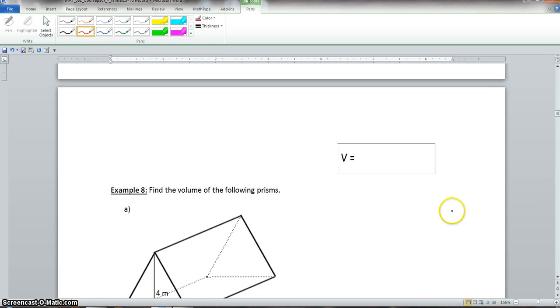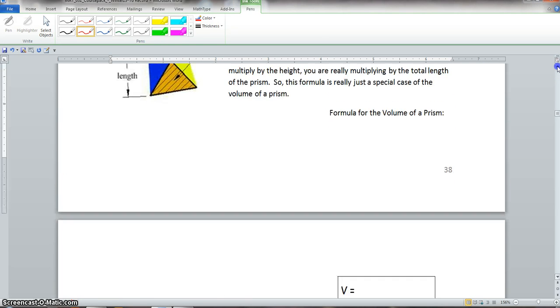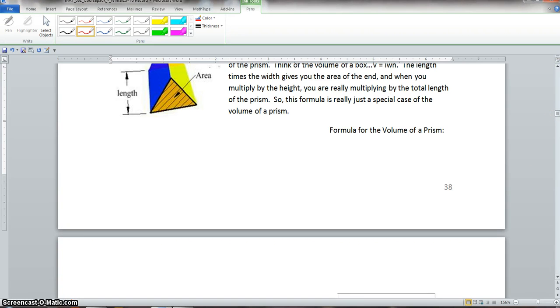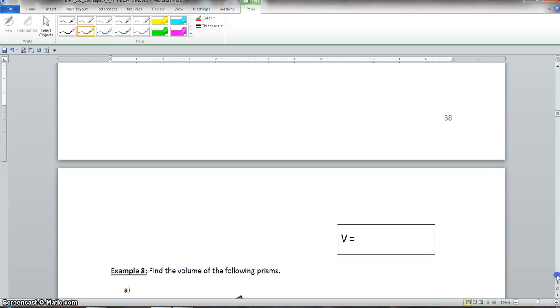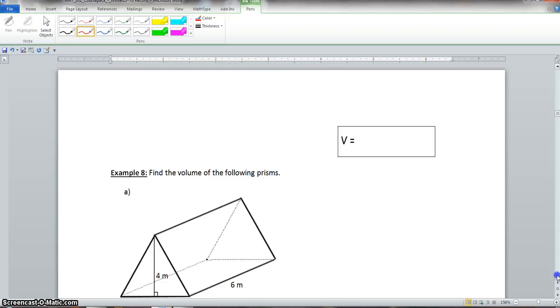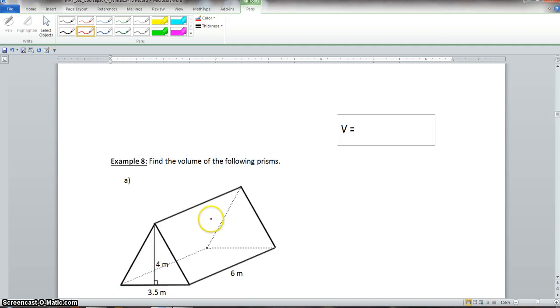Now, we want the volume of this particular prism. Let me scroll this back up here. Okay, matter of fact, I'm going to scroll down here. And this is basically the same shape as what we had on the previous page. So the volume is 1/2 times the base, the height, times the length.